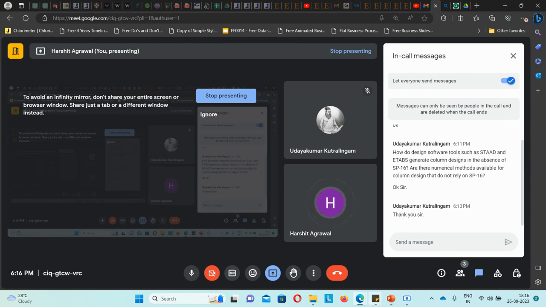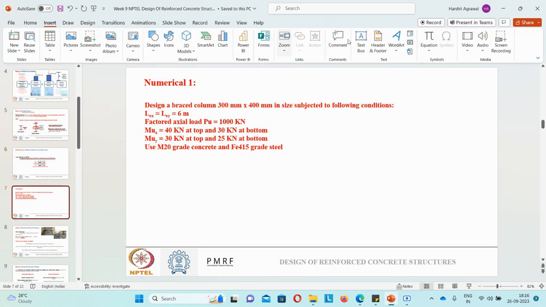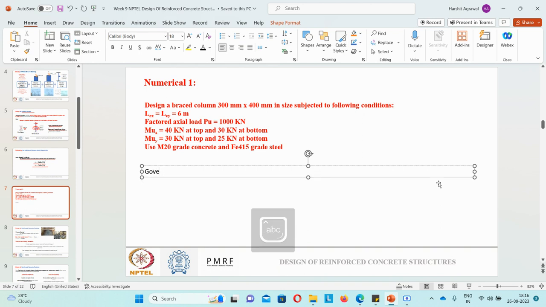Okay, so let's see the solution now. First we will write the given data. Though it is there on the screen also, it is a good practice to always write the given data first again. The size of the column is known to us, it is 300 mm cross 400 mm.